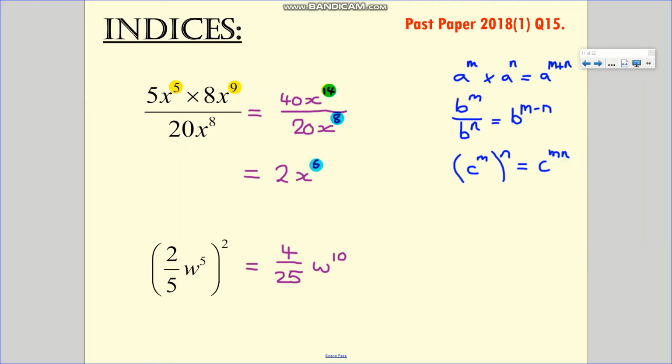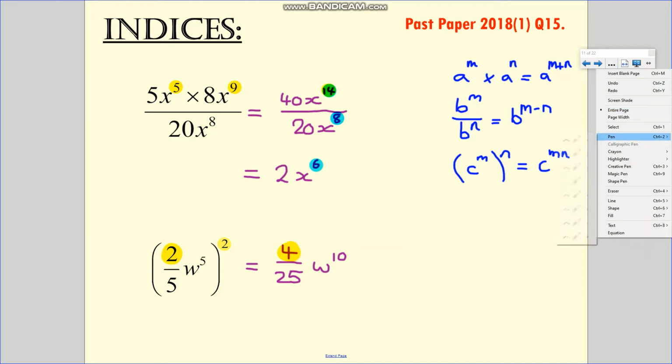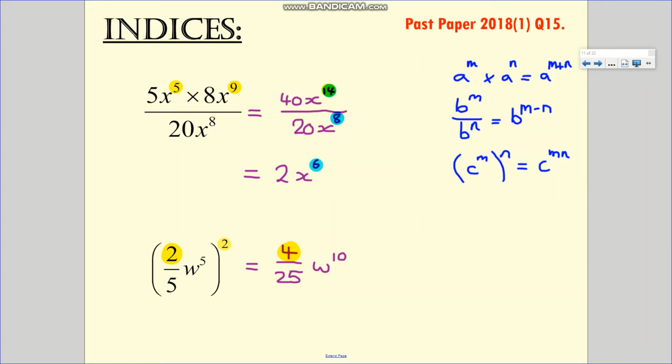Okay, so the reason I got this number 4 here was because I'm squaring the number 2. So I'm doing 2 times 2 is 4. The reason I got the number 25 in my final answer is because I've squared that number 5 on the bottom of the fraction. That now makes 25.